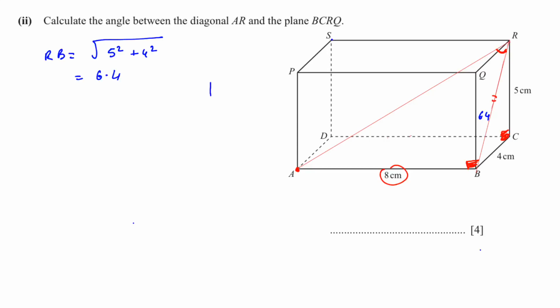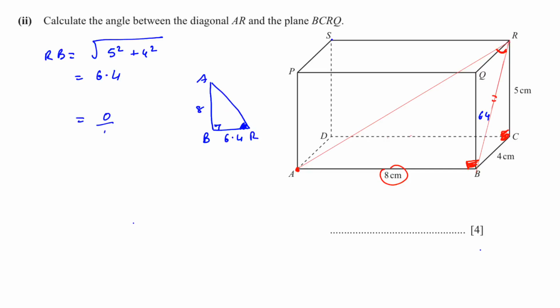Let's draw a triangle so that you understand it. This is A, B and R. We need to find angle R. This is a right angle. AB is 8 centimeter. BR we found is 6.4. So what trigonometric ratio can we use? We have the opposite and we have the adjacent.